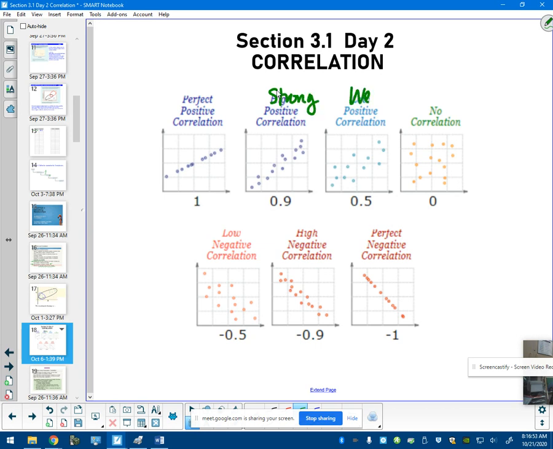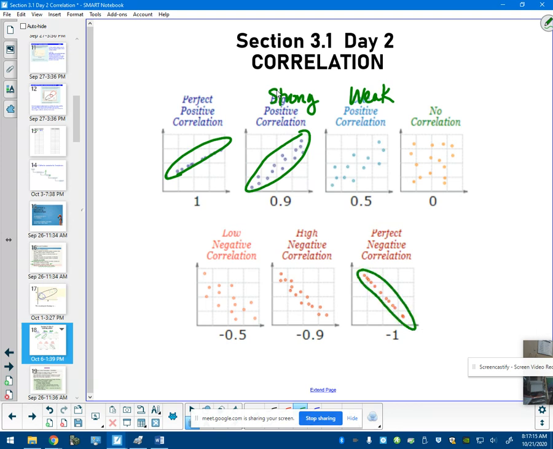You don't have this. We don't call it high, we call it strong and weak. But you can see the difference between, here's a 0.9, here's a perfect correlation. Here's an interesting thing. Even if the dots aren't in perfect alignment, you can have a 1 or a -1 correlation. And you'll see that tomorrow.